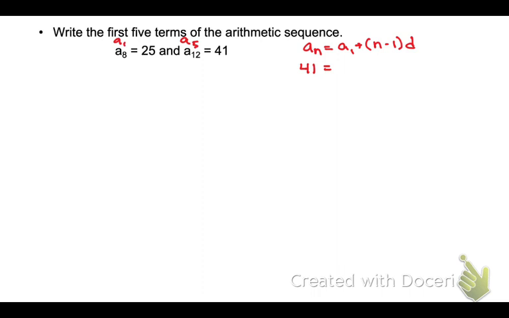A sub n is the last one, the last thing. So 41 equals a sub 1, which is 25, plus, what is n? 5.